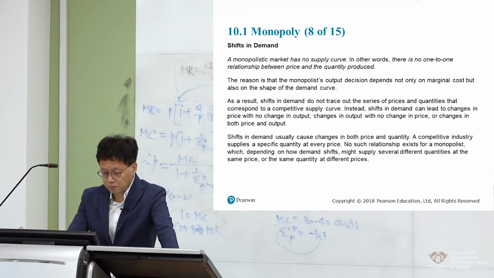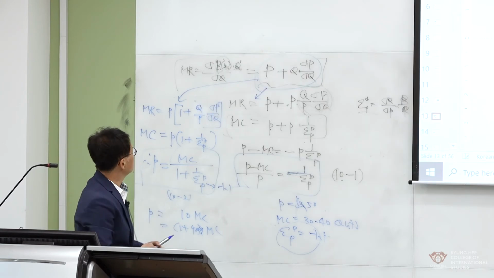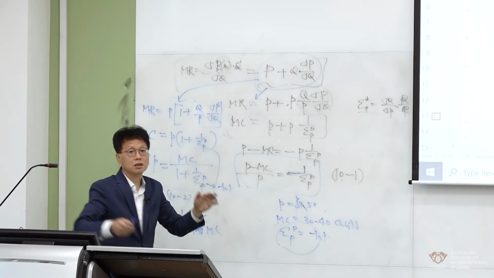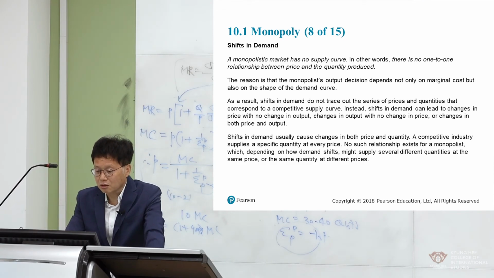10.1, shifts in demand. A monopolist market has no supply curve. In other words, there is no one-to-one relation between price and the quantity produced. Why? Price is also a function of Q. Price and quantity are decided jointly. The reason is that the monopolist's output decision depends not only on marginal cost, but also on the shape of the demand curve.